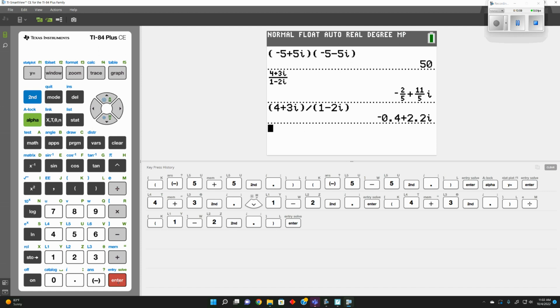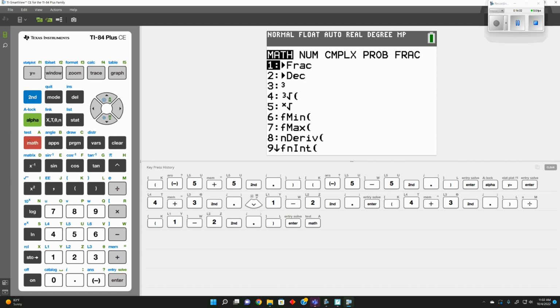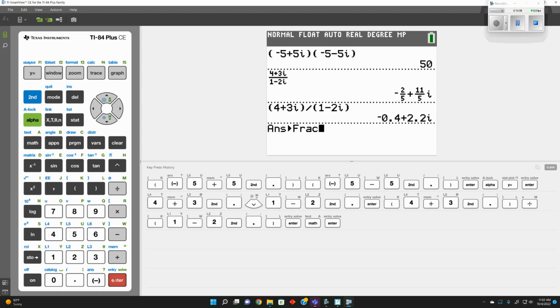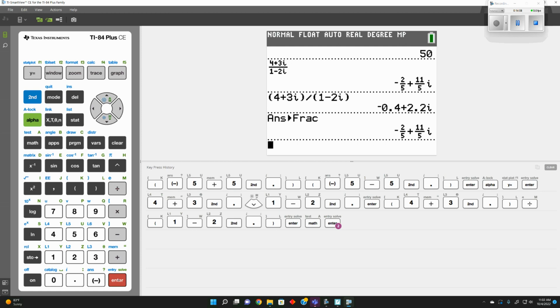If we hit the button math, our first option is a fraction. So we can go enter, and we get there. Now, these calculators let us do it. We just have to do a few other steps to get there. Any questions on this here?